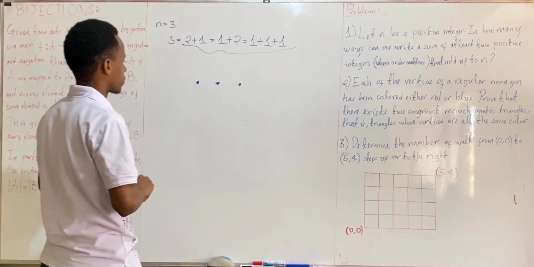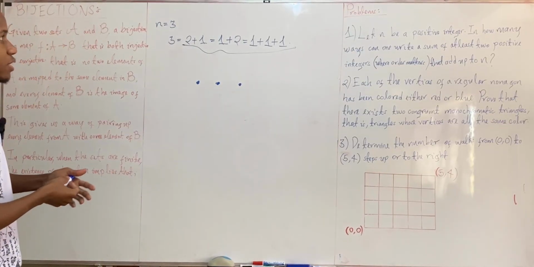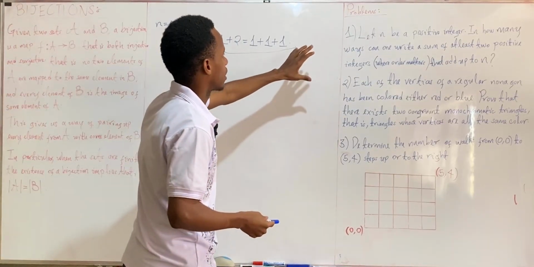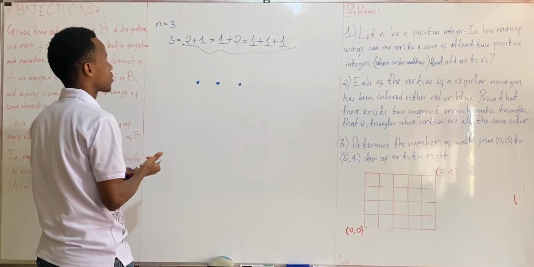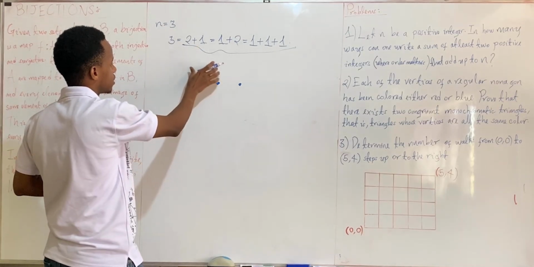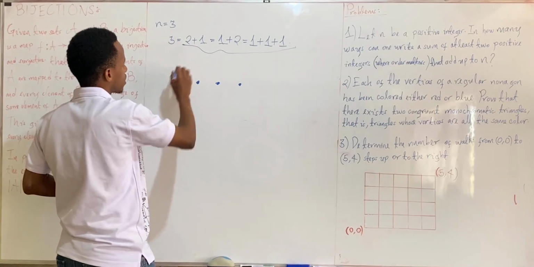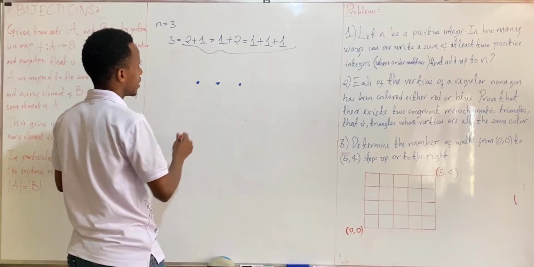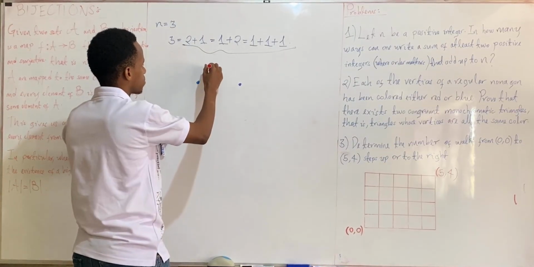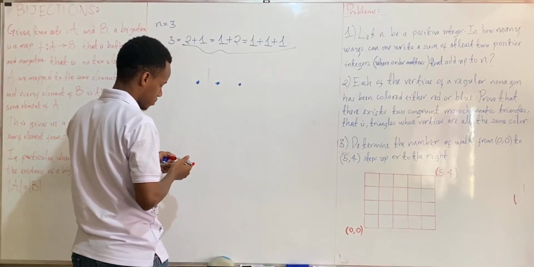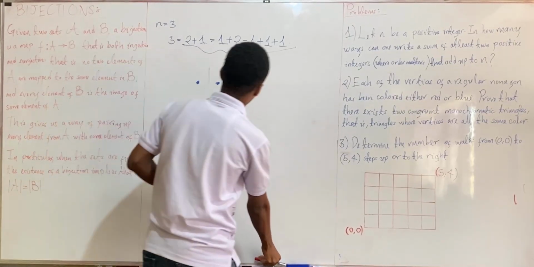Now how can we redefine this function in terms of this representation of 3? I can define a partition of 3, for instance 2 plus 1. We can simply express this as a splitting. So we split 3 as a sum of 2 and 1.